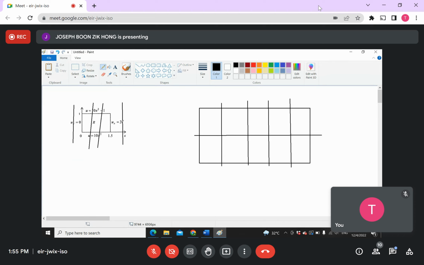Now I know that this one is u equal to 10x squared minus 1. This one is u equal to 10x squared, but this one is from 0 up to 1.5.